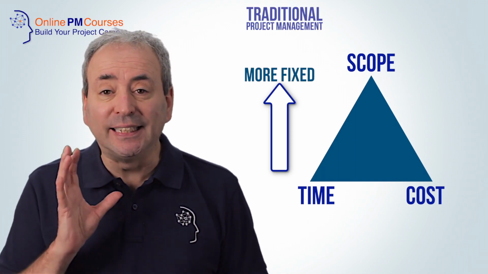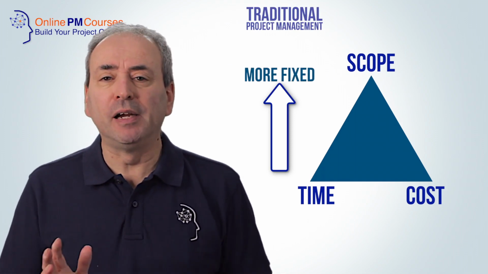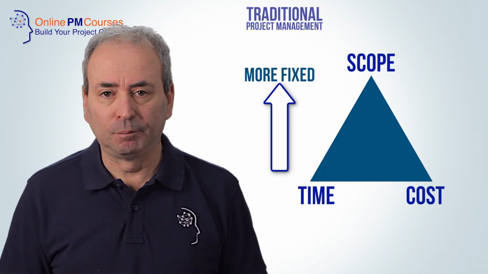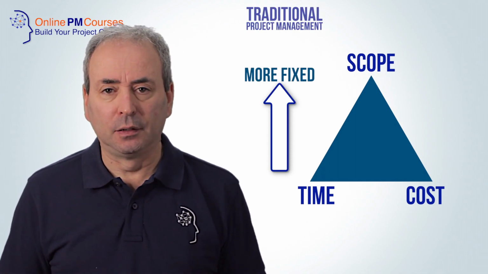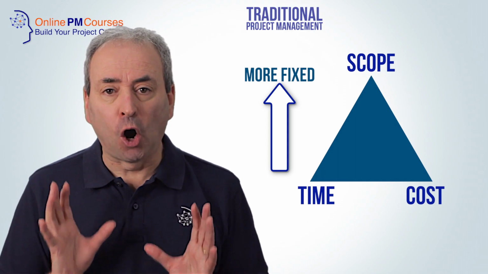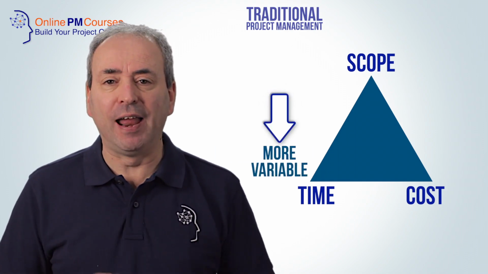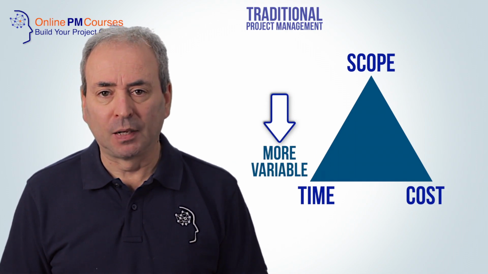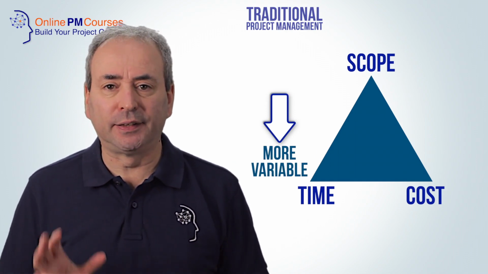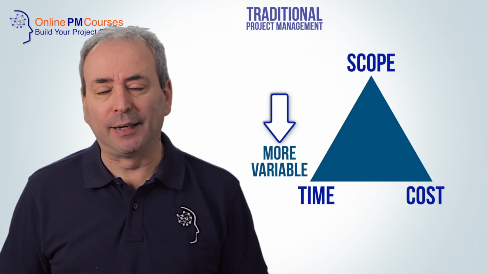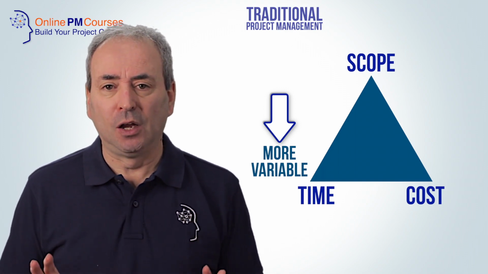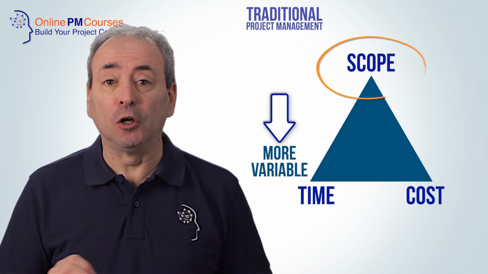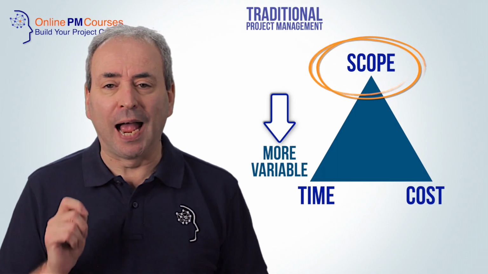That is to say, it is fixed, or at the very least prioritized. On the other hand, time and cost tend to vary to meet the needs of the situation. So Agile practitioners think of traditional project management as a place where we prioritize scope over time and cost.